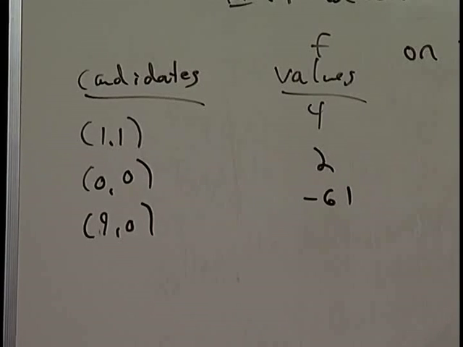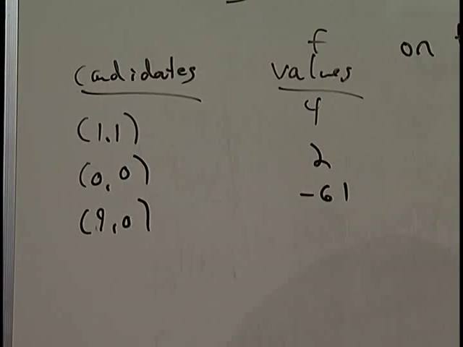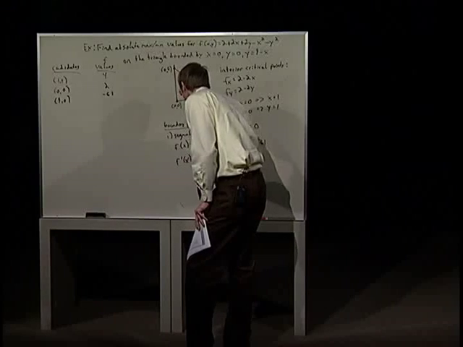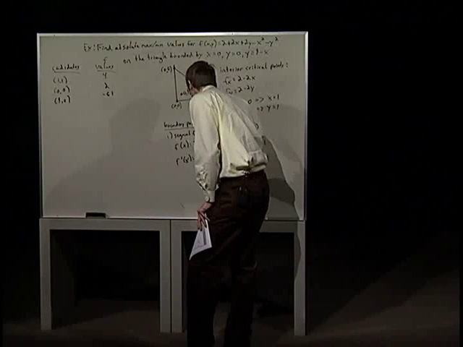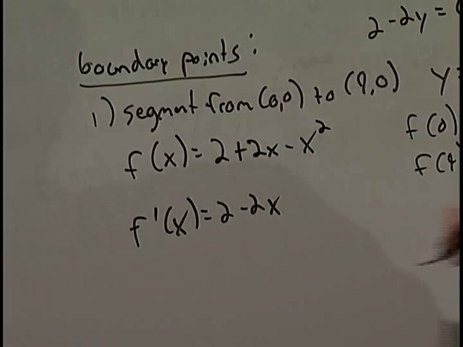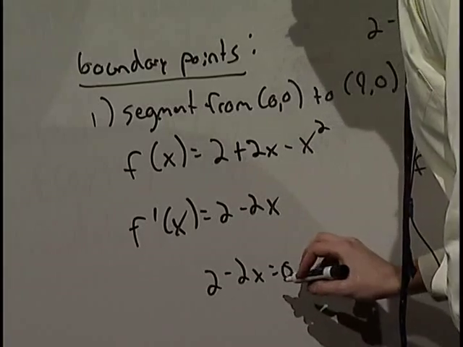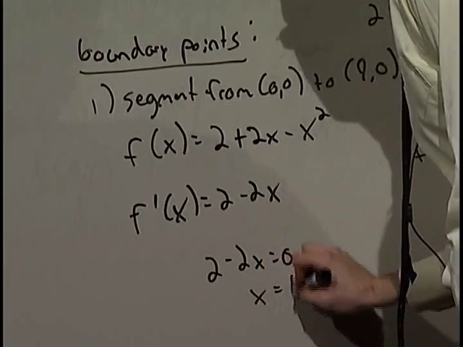Now, does this thing have critical points along the boundary? Well, f prime of x is 2 minus 2x. And so when is this 0? 2 minus 2x equals 0, which implies that x equals 1.